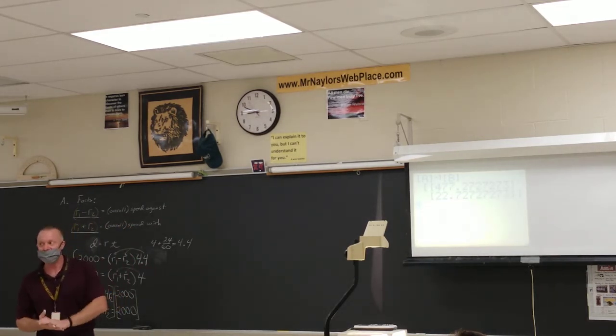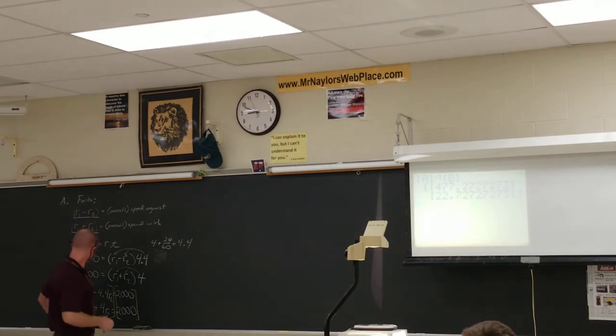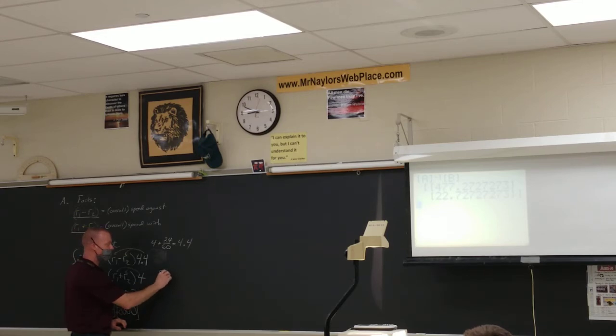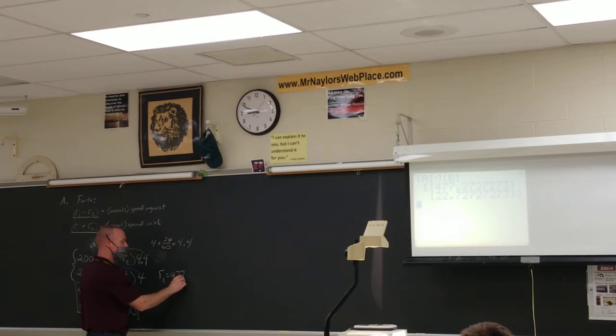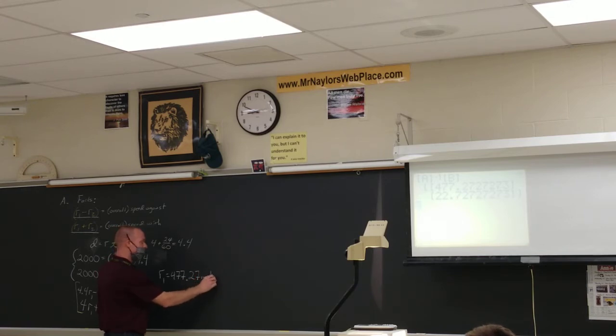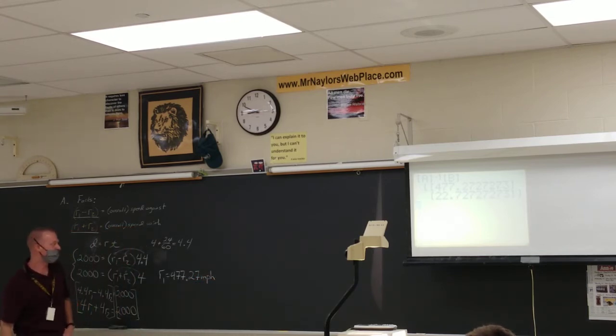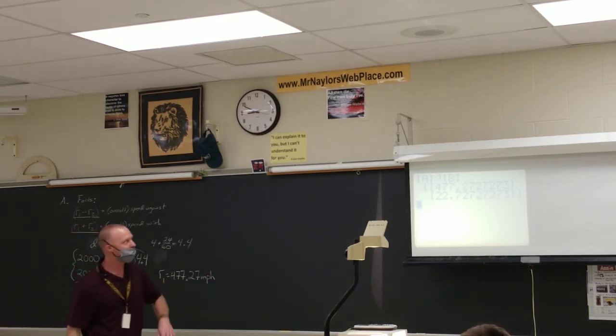Okay, R1 and R2. Now, you kind of have to think about, okay, what's really being said here? Well, it's being said that the speed of R1 is 477 miles an hour. I think the decimal should be considered here. So we've got a little extra, but it's 477 miles an hour, 0.27.